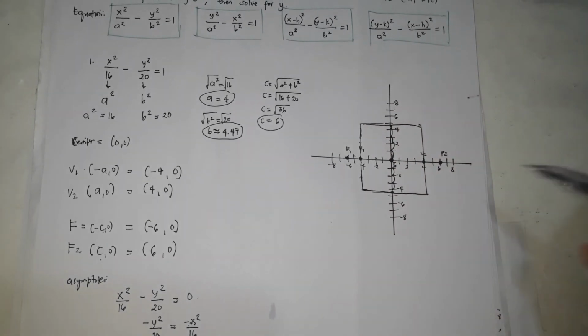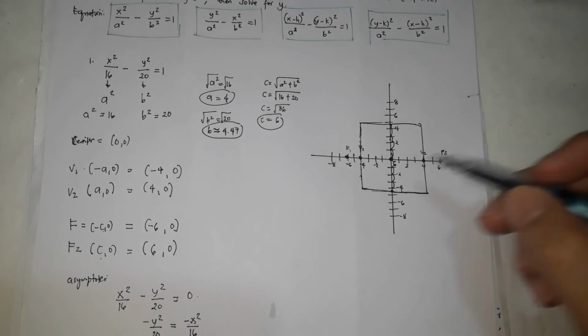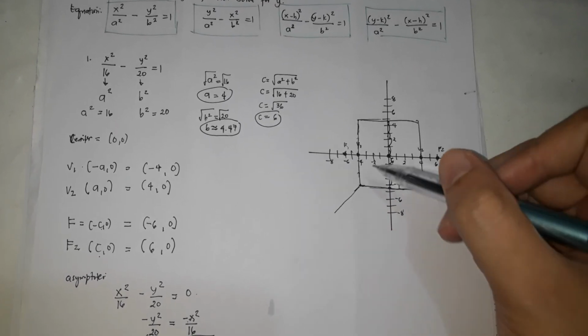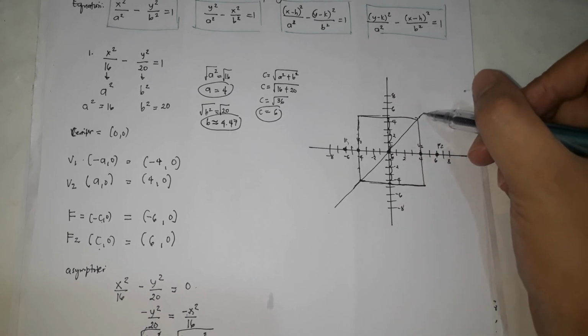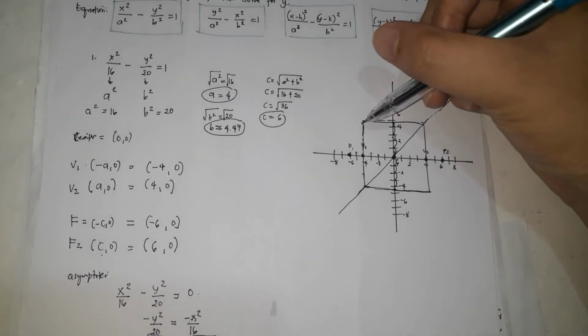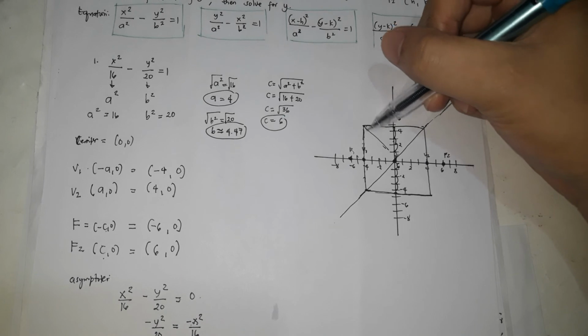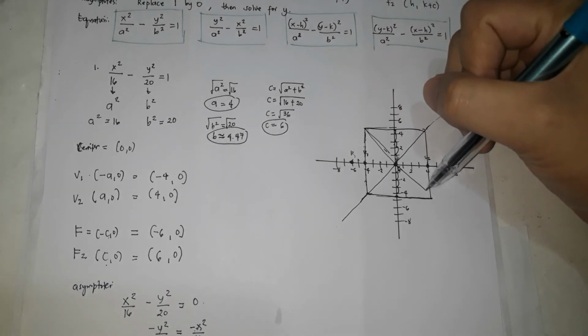After mong making rectangle, you're going to form the line. These are the asymptotes. After mo mag-form ng line, I hope this is straight.